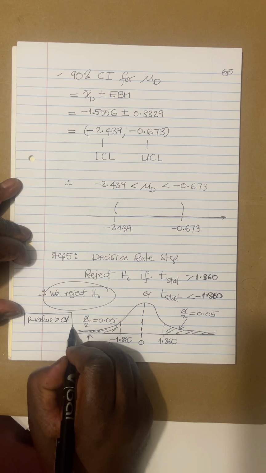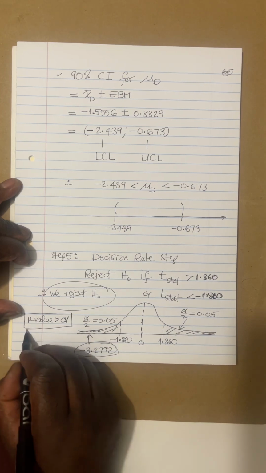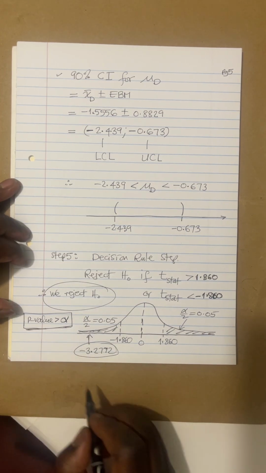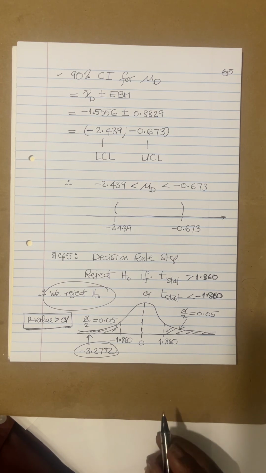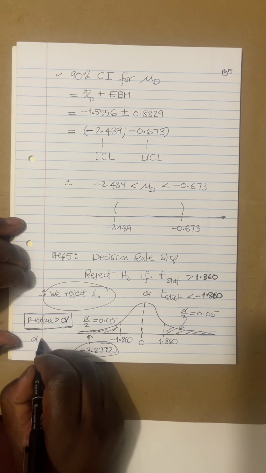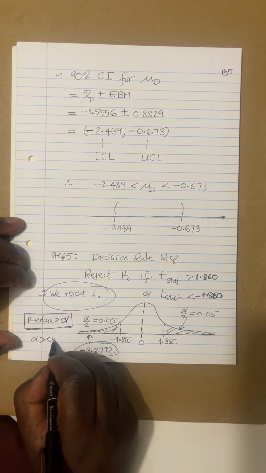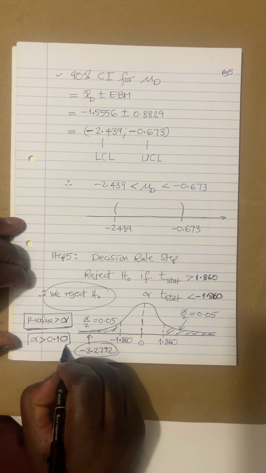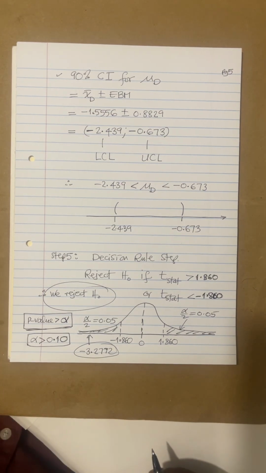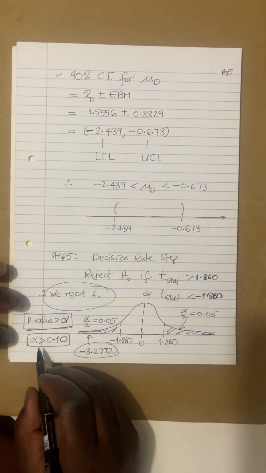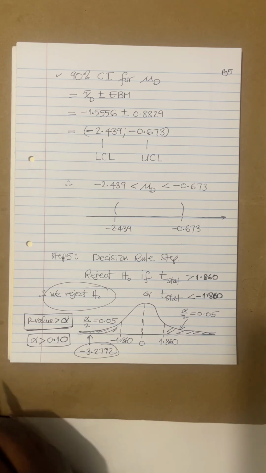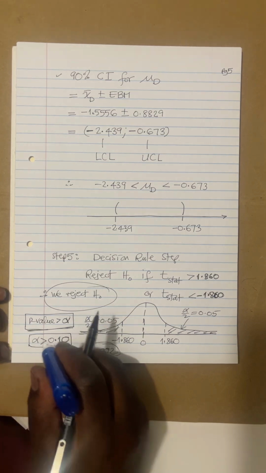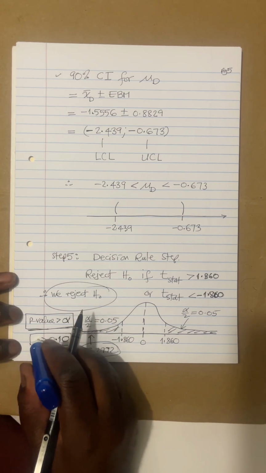If you use Excel, you'll confirm that the p-value is less than 0.10 in this case, because here we're talking about a 10% level of significance. Sorry, here I'm making a mistake. My hand misbehaved there.